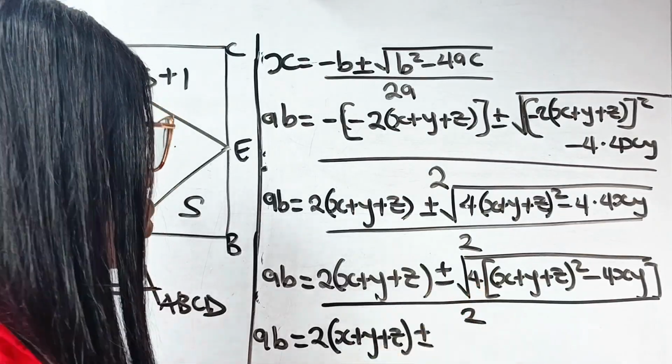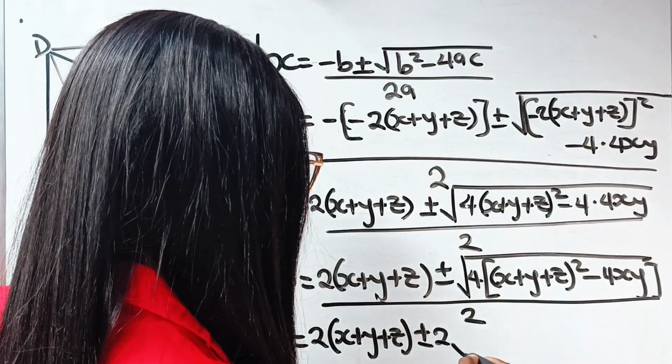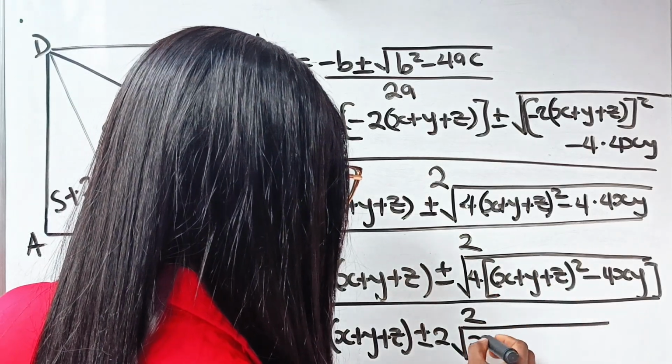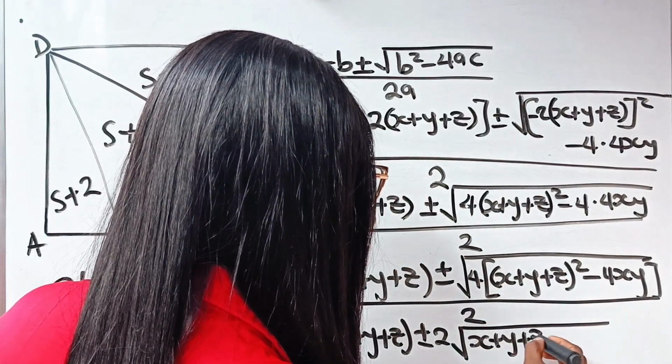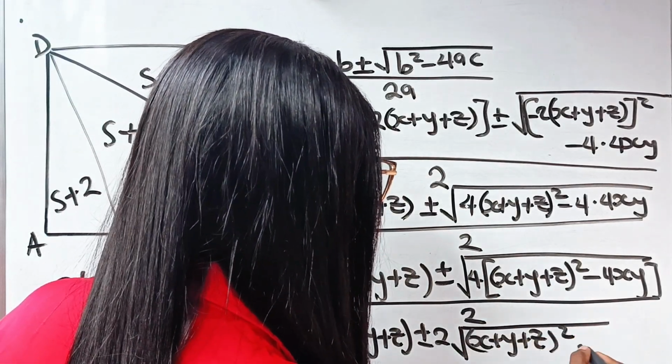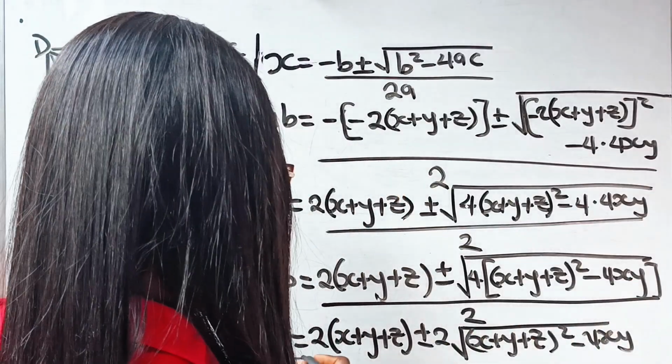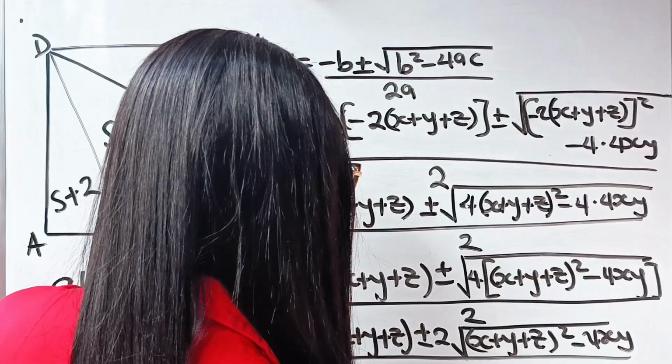The square root of 4 is 2, so I will have plus 2 here, then bring out the remaining square root, which is x plus y plus z all squared minus 4xy. Then everything divided by 2.